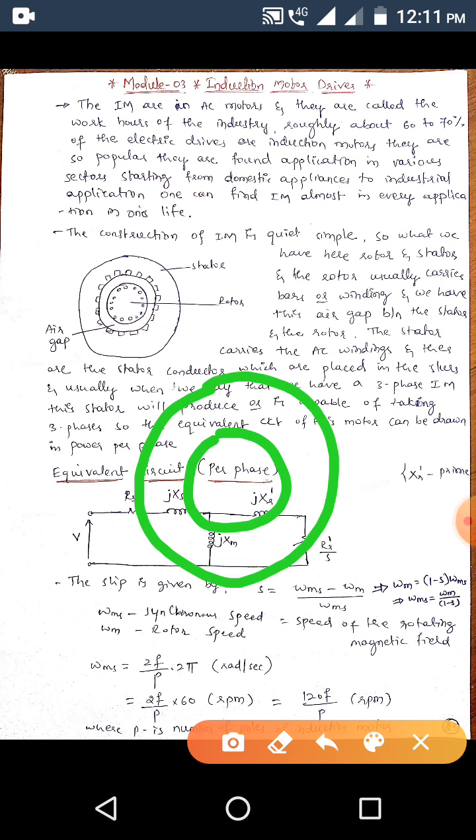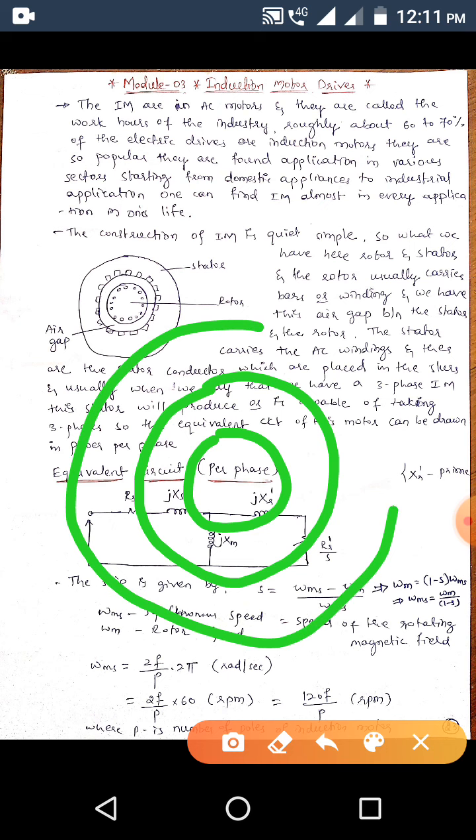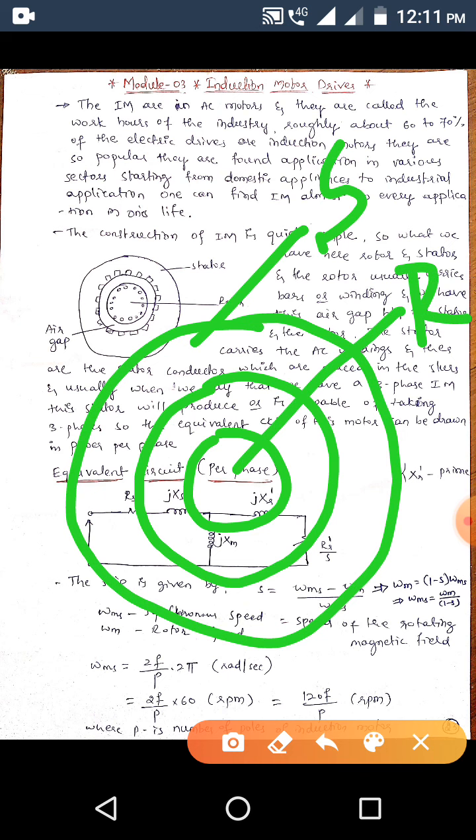We have the stator here. The rotor usually carries bars or winding here. So I have written it simply as R here. R is the rotor and S is the stator.